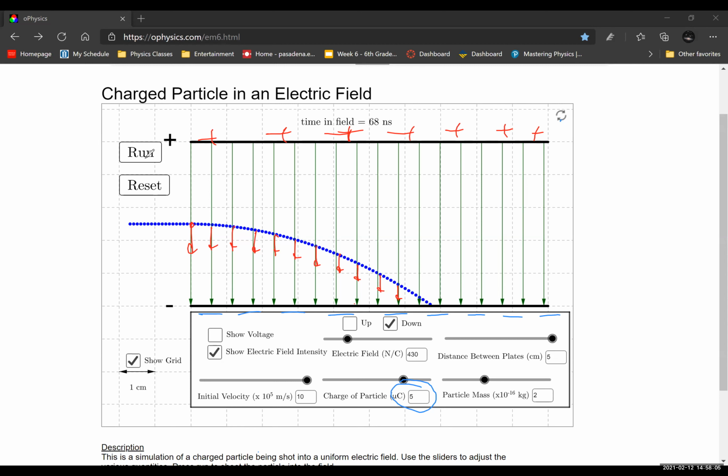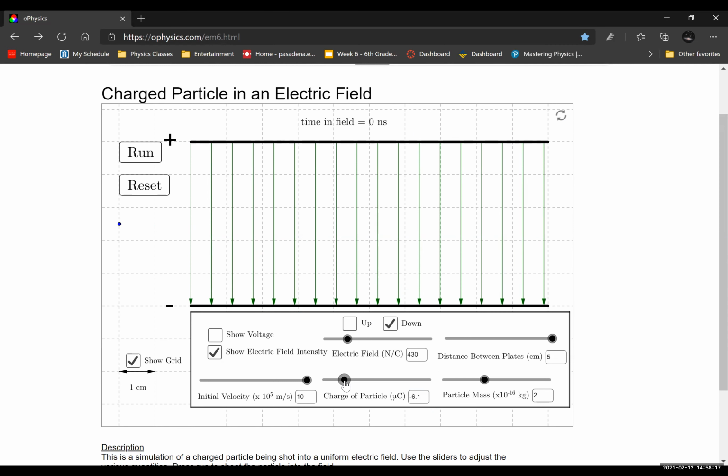Now, one thing I can do here is this. What if I have a negative charge rather than a positive charge? That means I can just go and make, let's say, a negative charge. Let's see what happens when there's a negative charge entering the same region, same electric field direction.